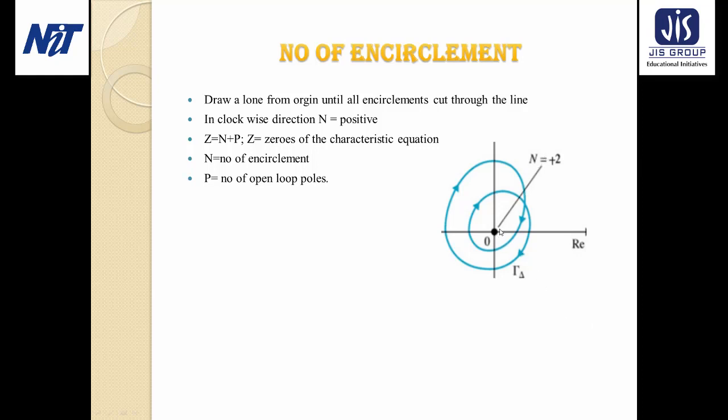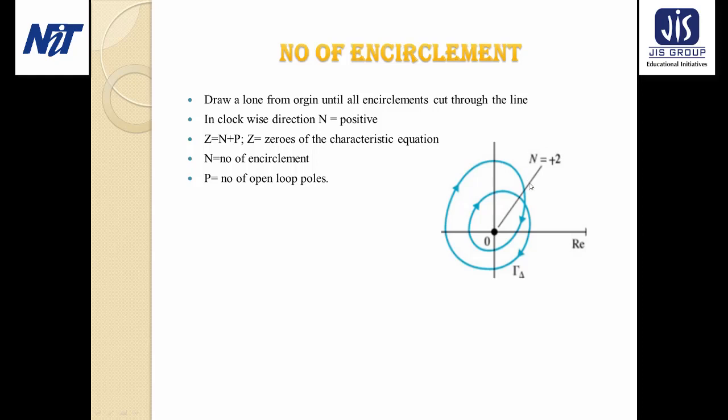Now we are considering that in the clockwise direction the number of encirclements is positive. So after drawing this line from the origin, all the encirclements have been cut through by this line and the number of intersections is 2. So we are considering the number of encirclements to be plus 2, because it is in the clockwise direction.